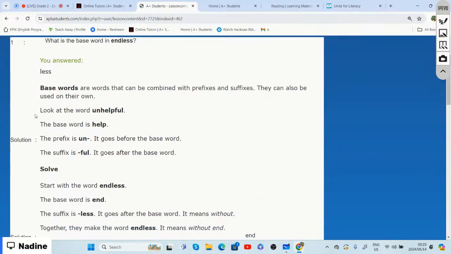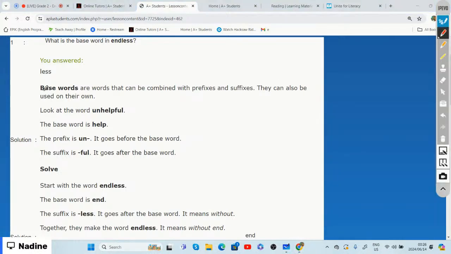So now, once again, we have base words, right? And base words are words that can be combined with a prefix as well as a suffix, right? Which means that we can add a prefix to the base word and it will change the meaning of the word.